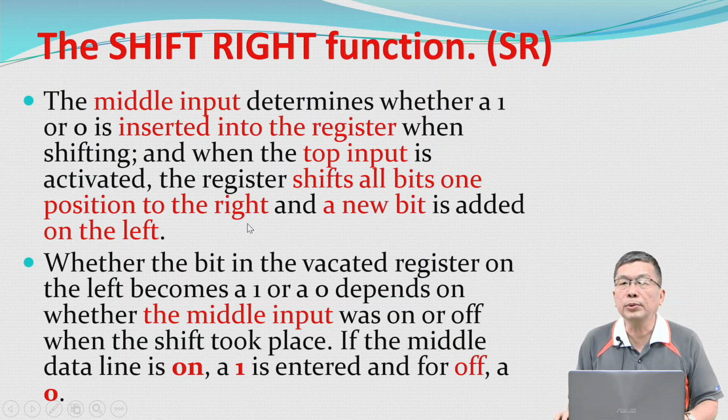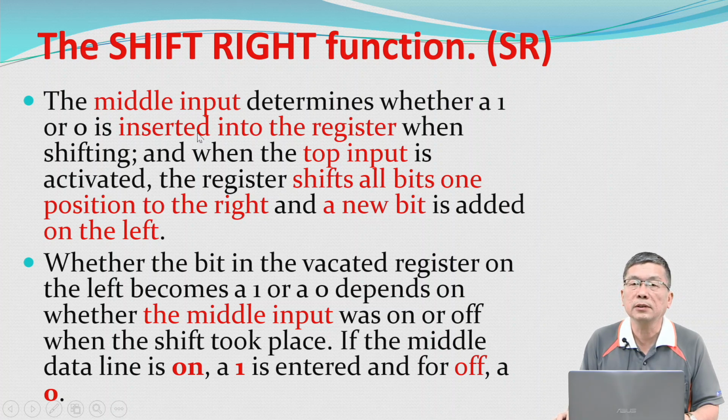The middle input determines where a 1 or 0 is inserted into a register when shifting. When the top input is activated, the register shifts all bits one position to the right, and a new bit is added on the left.